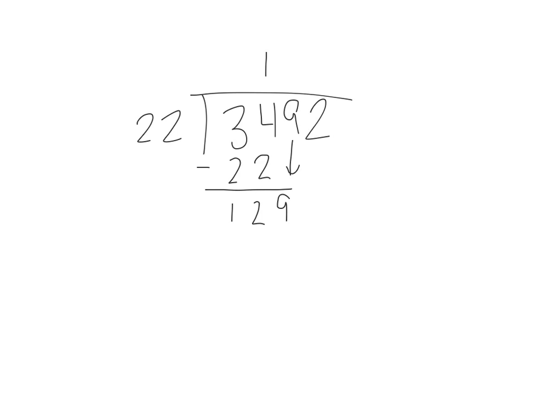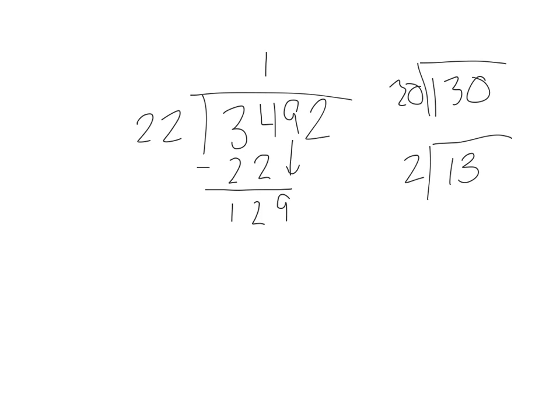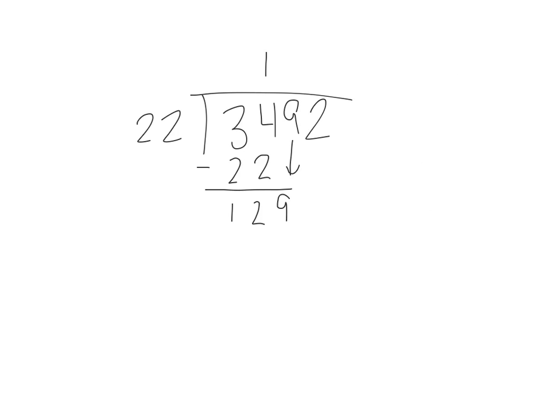And 129 is very close to 130. So the problem I'm thinking of is how many times does 20 go into 130, which is very similar to how many times does 2 go into 13, which is 6 times with 1 left over.